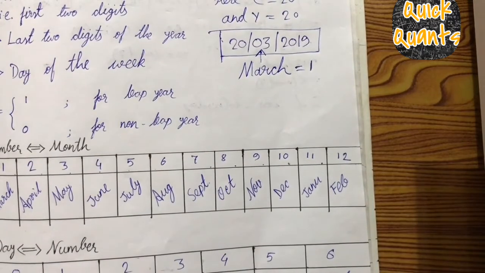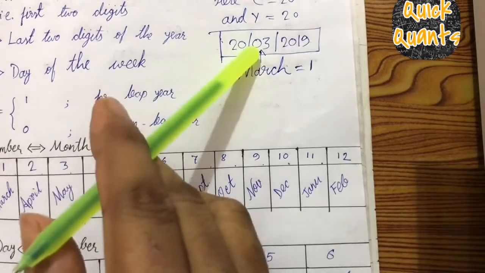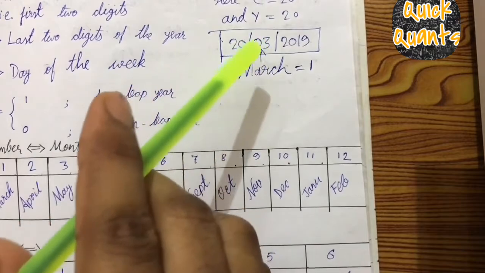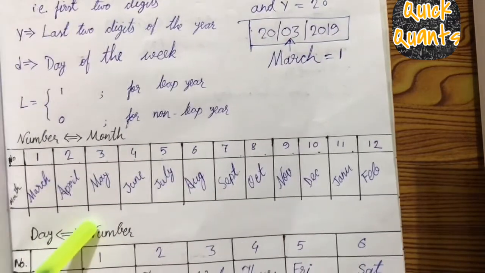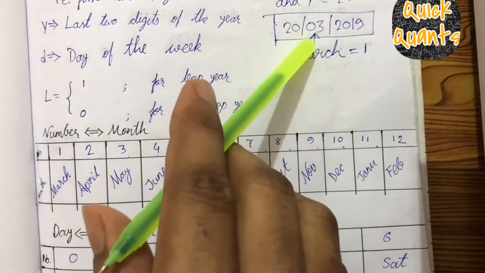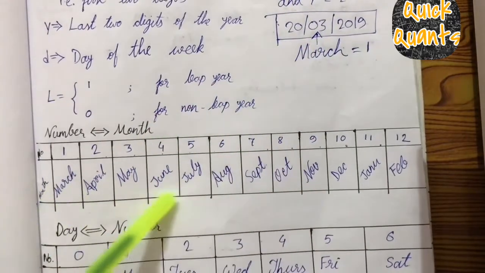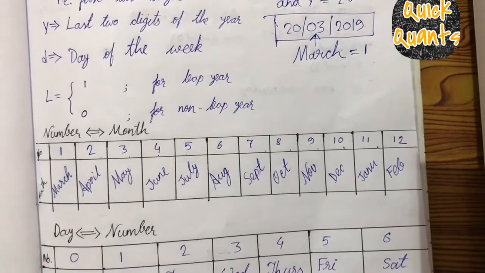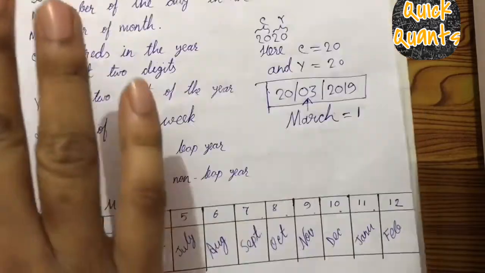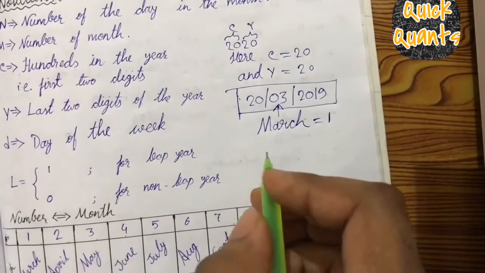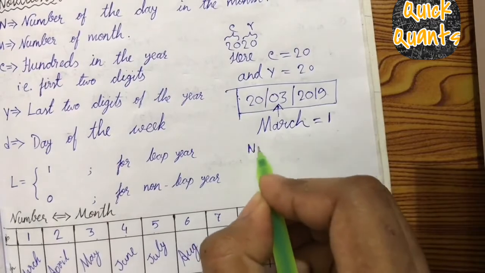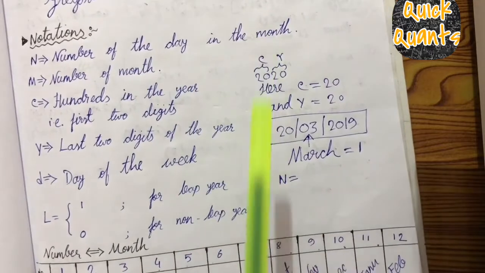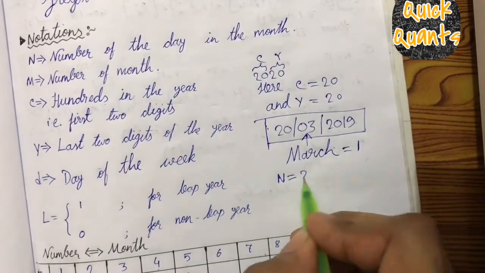Okay, let's go back to the example. If someone gives you the date 20 March 2019, at first we have to convert the month according to this table. So here March becomes 1. As per these notations, N is the number of the day in the month, and here it is 20, so we write N as 20.